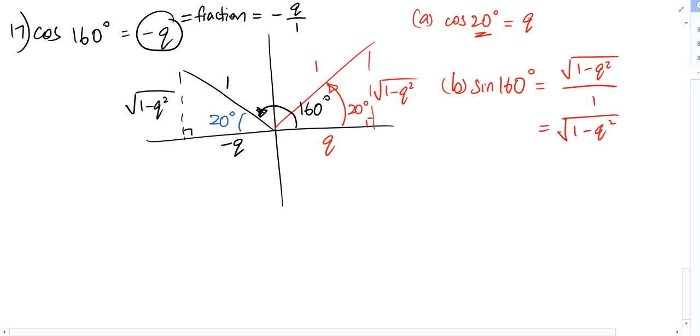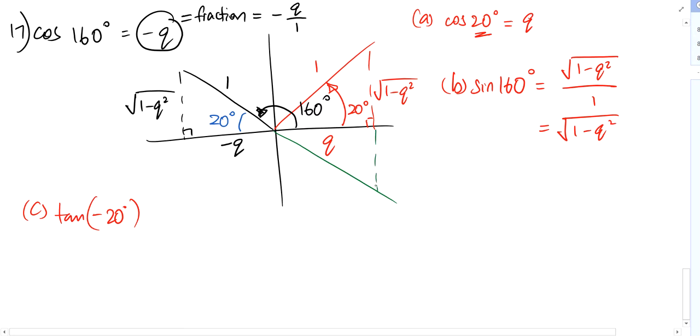Part C. Tangent negative 20 degrees. Brackets here are important. Okay, you cannot just leave it as tangent, no bracket, negative 20 degrees. Must have bracket. So which quadrant is negative 20 degrees in? 4. So draw it.